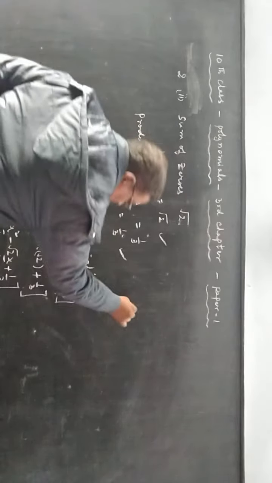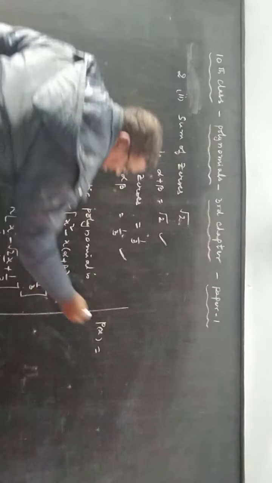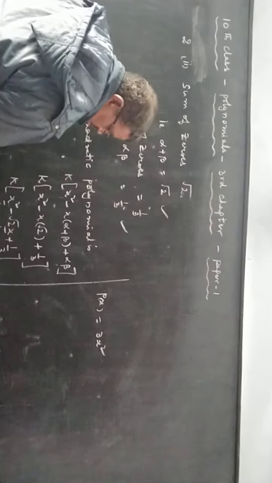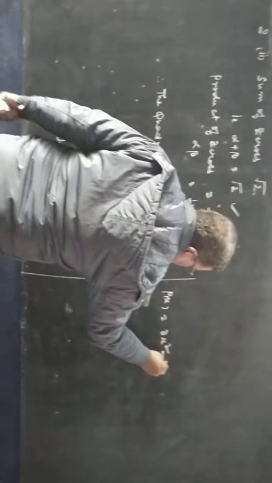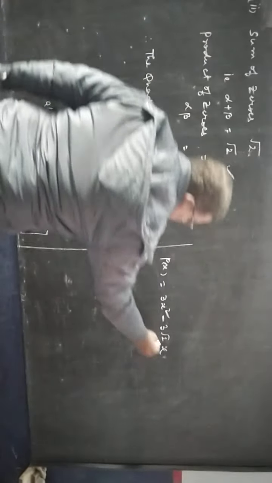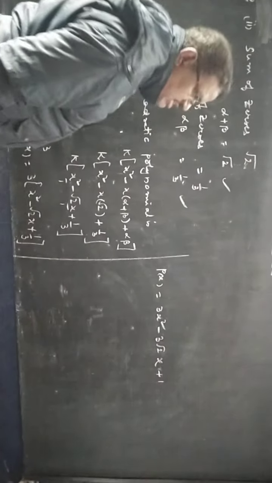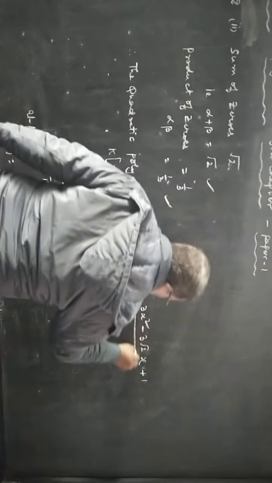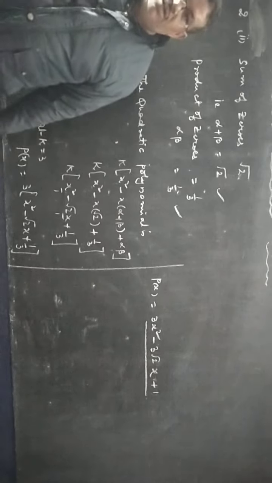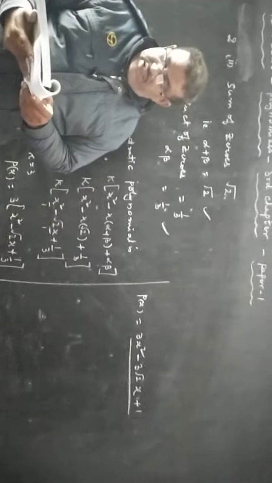Multiply that one, you get 3x square minus 3 root 2x, and 3 into 1 by 3, that is 1. Therefore, the quadratic polynomial is 3x square minus 3 root 2x plus 1. This is the required quadratic polynomial for the second Roman.